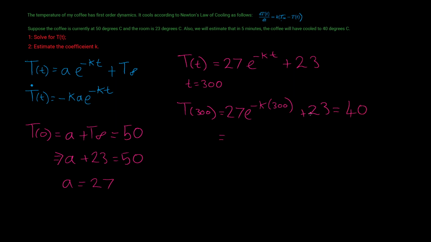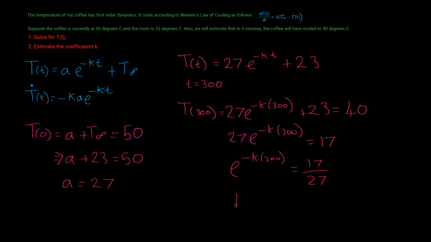So we can take the 23 across, so we get 27 e to the minus k times 300 equal to 17. So this gives us e to the minus k times 300 equals 17 on 27.